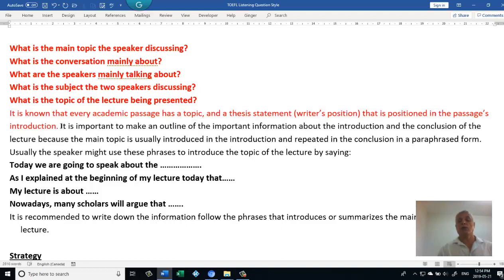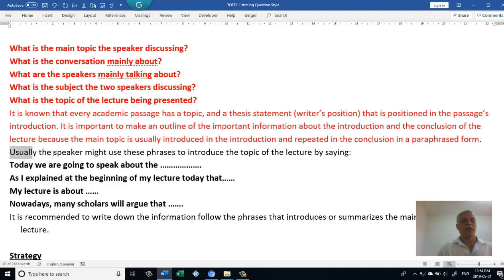Now we know where we're looking for the position of the writer or the speaker. It's important to make an outline of the important information about the introduction and the conclusion of the lecture, because the main topic is usually introduced in the introduction and repeated in the conclusion in a paragraph form.